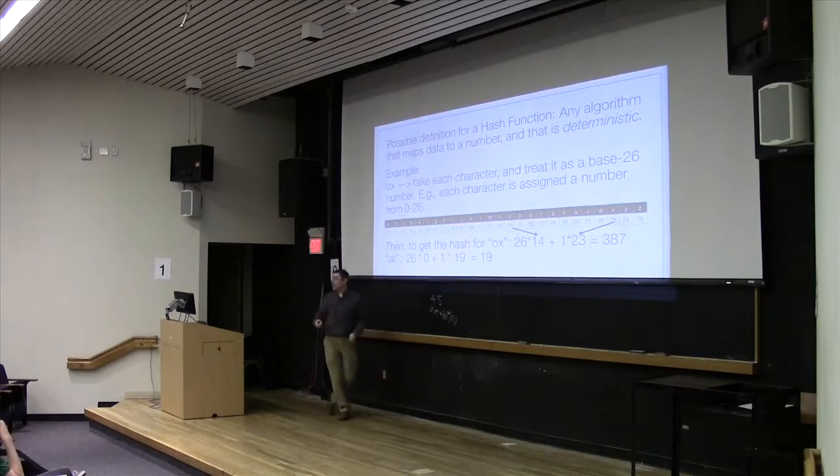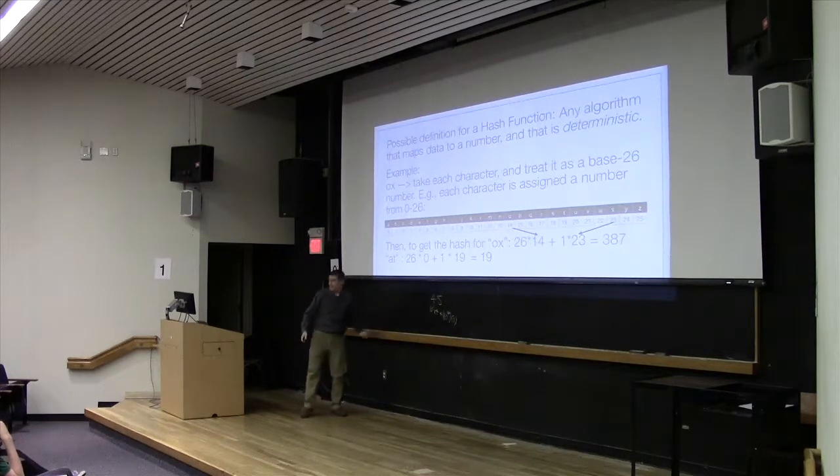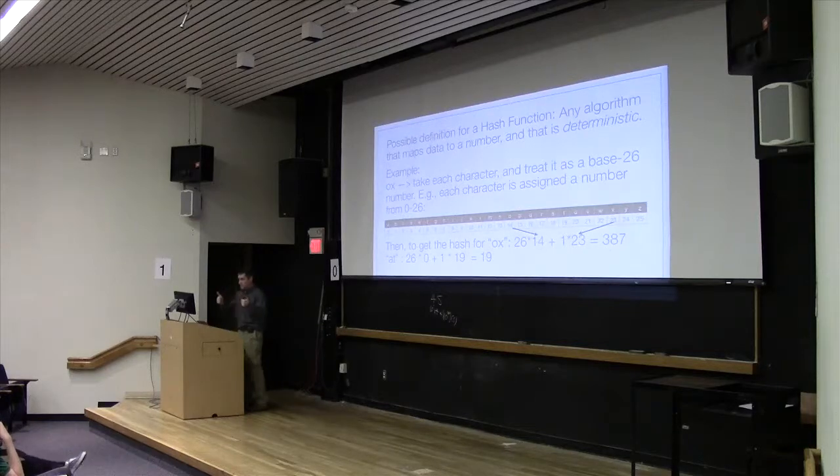It's the exact same thing for 26, because we've got 26 characters, as if we're in base 26. Just because we have 26 characters, that's why it's 26. So far, so good? All right. So we've got that idea down.